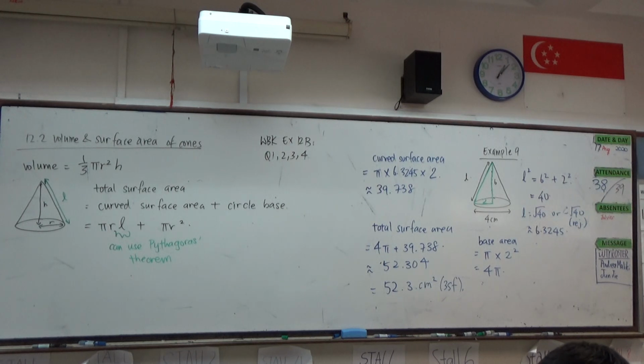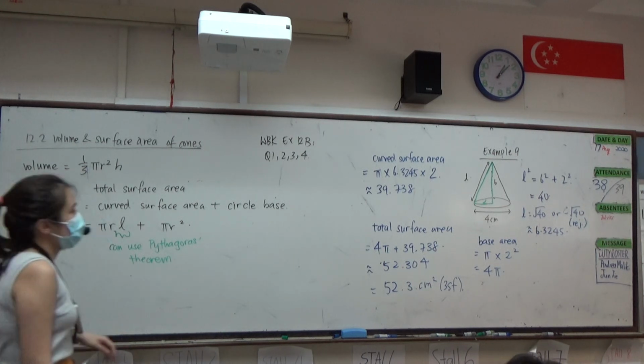You don't use height here. Then we press this. Surface area plus total surface area. 5 times 2 squared. Do you bring the pi over?